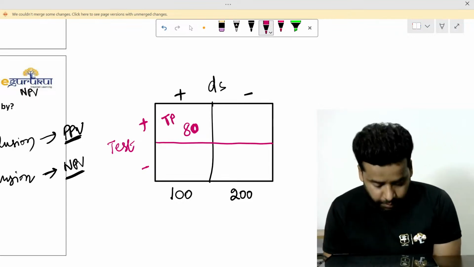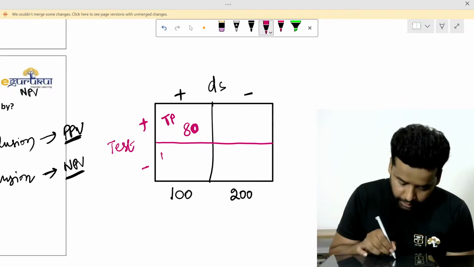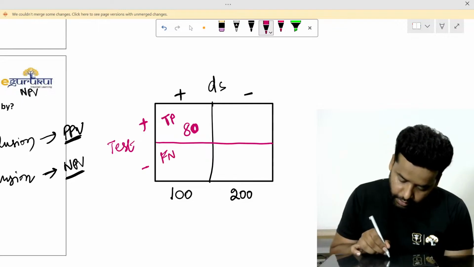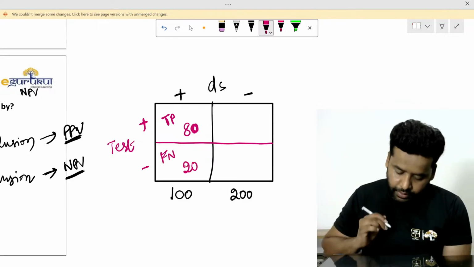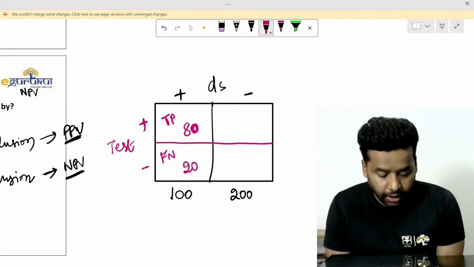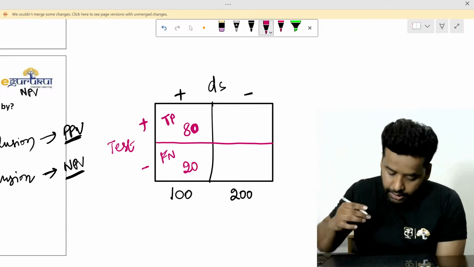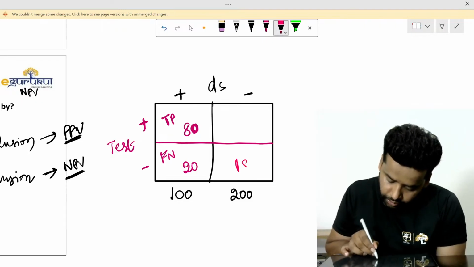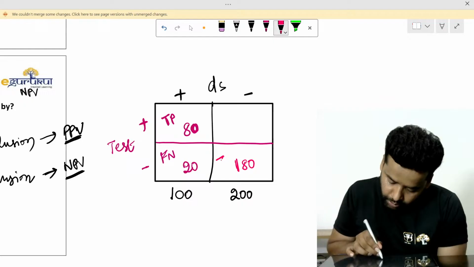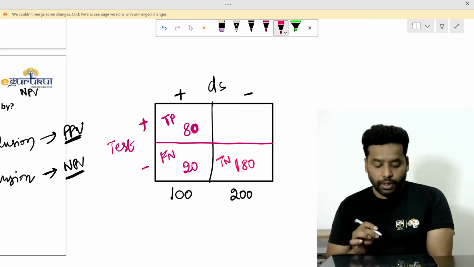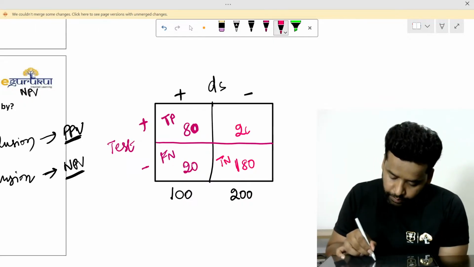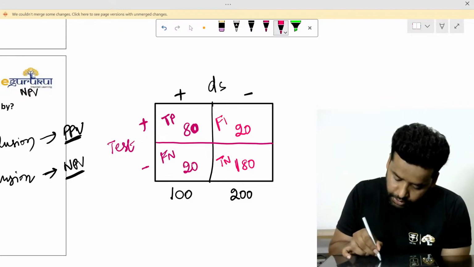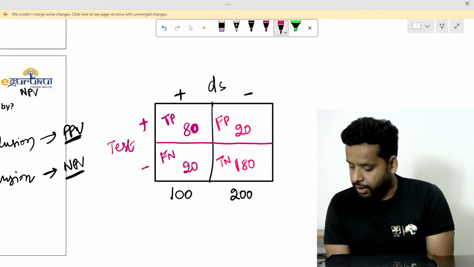Sensitivity will be 80%. Not detected, 20, are false negatives. In the same way, on the other side, out of 200, 180 are true negatives, and the remaining 20 are false positives of a test. So this is the table.